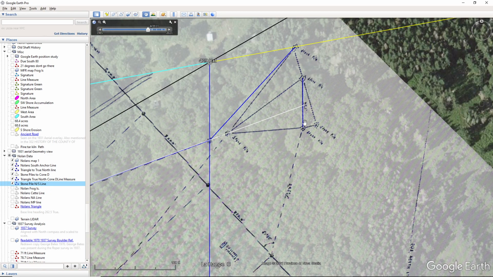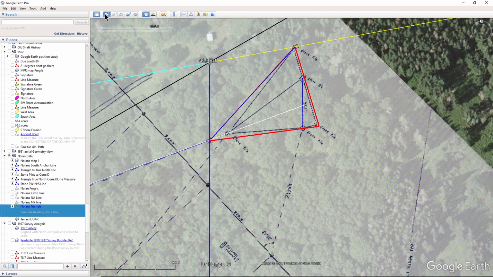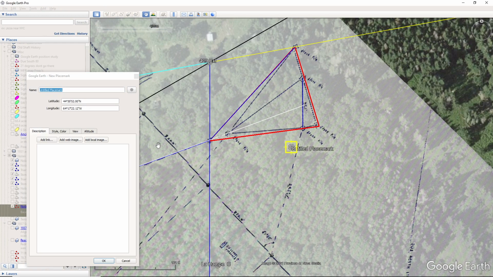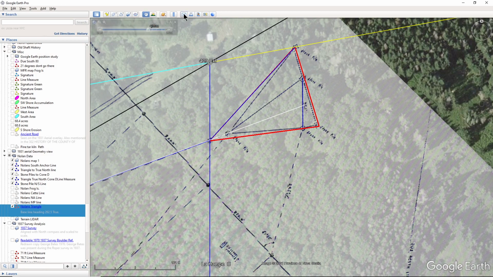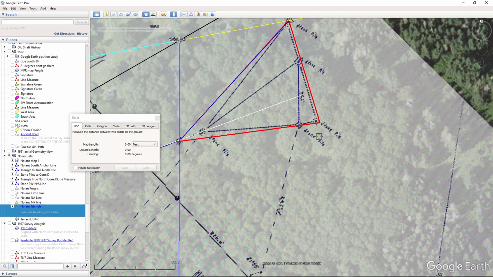This is one of the reasons also I know that this is accurately positioned, because in an interview I read about Fred Nolan talking about this triangle, and he said that there were 2 stone piles that ran north and south. Oh, another reason I know this is accurate too is because this is Fred Nolan's triangle. He also said that the base of the triangle ran 262 degrees and 30 minutes, which is 262 and a half.